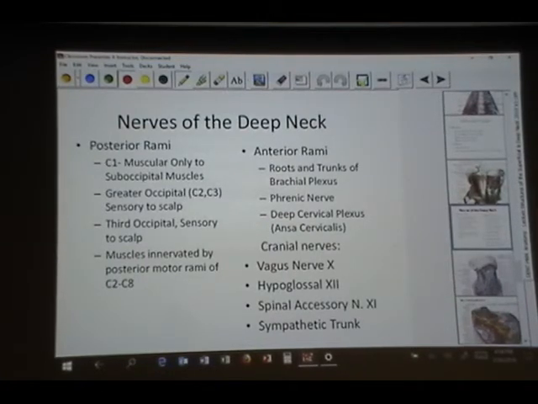Supratrochlear only goes as far as the forehead. Supraorbital goes to the vertex of the scalp. And then there is one that runs right down the middle that's called the third occipital. Why do you think they call it the third occipital? Third eye. Third posterior rami and cervical spinal. Okay?